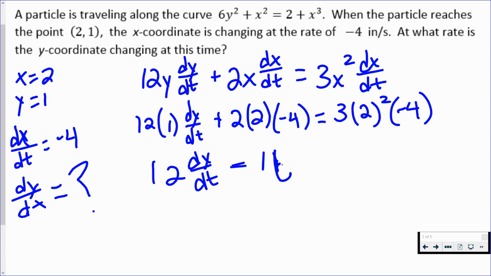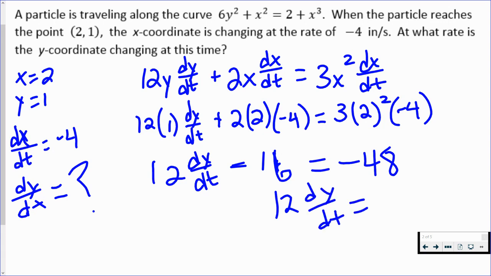Okay, 3 times 2 squared times -4. So we've got 3 times 4 times -4. So that's -48. If we add 16 over, then negative 48 plus 16 is negative 32.